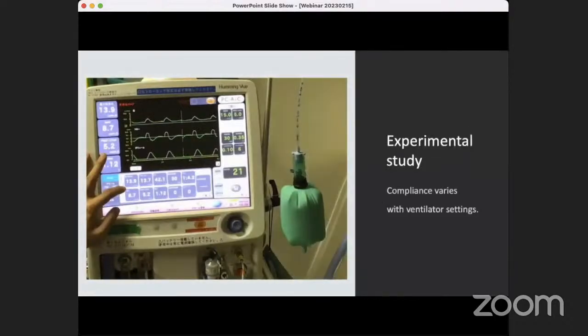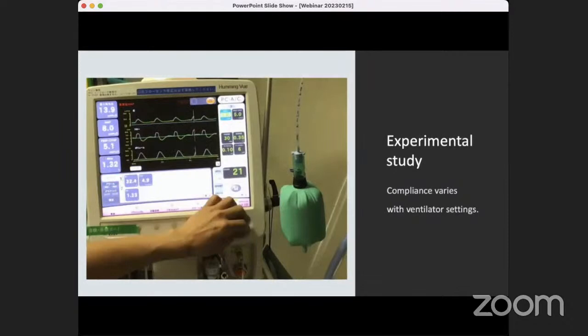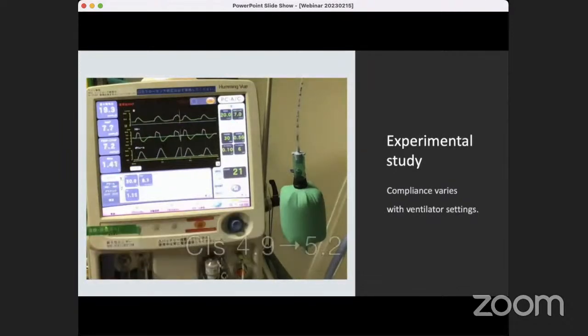Here we can see actual ventilation with a test lung attached to the ventilator. First, when ventilated with CMV, compliance was 4.9 at low settings. But when PEEP and PIP were increased, compliance increased to 5.2.